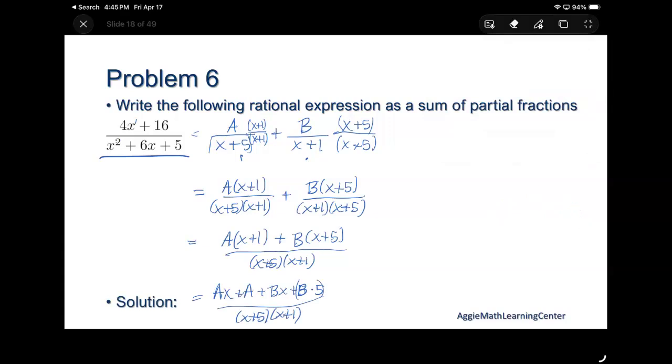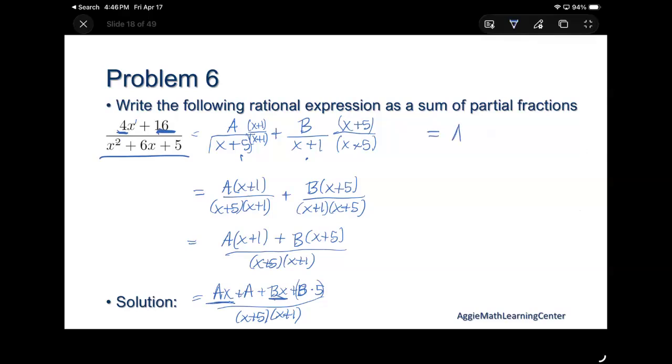My whole goal is to be able to look at the coefficients on the original equation, the 4 and the 16, and match up the a's and the b's there. So I notice that I have a term with a times x and a term with b times x. So I'm going to group those together and then factor out the x. I'm going to do this over here.